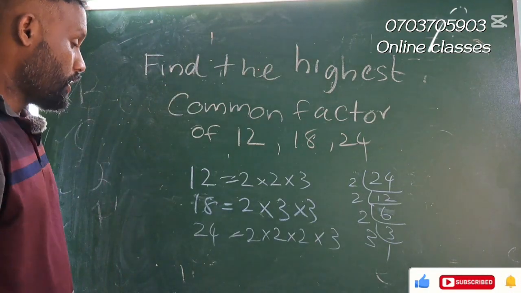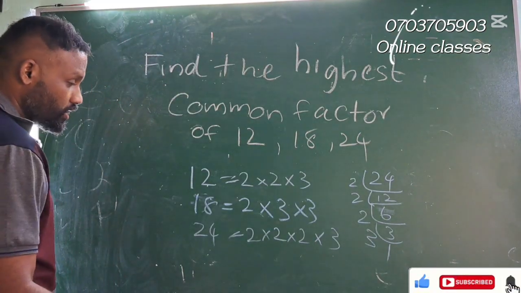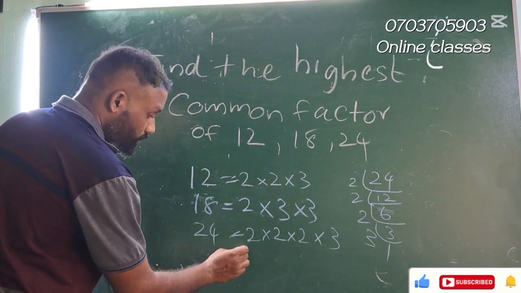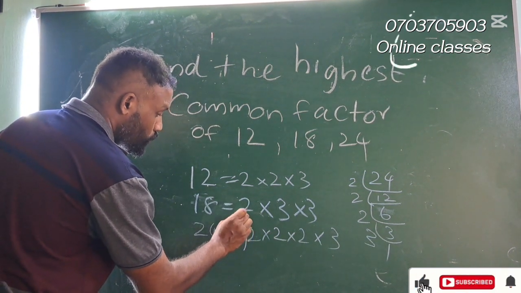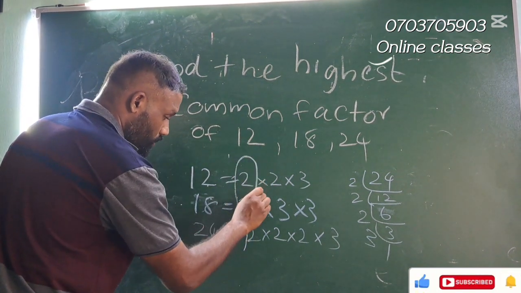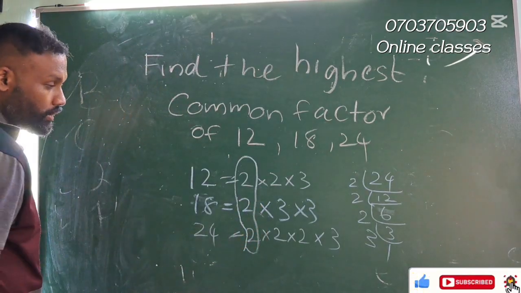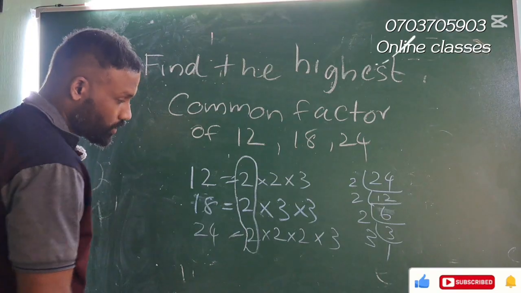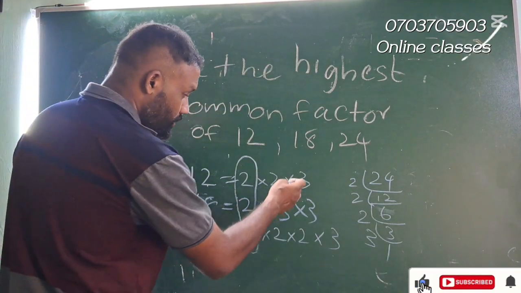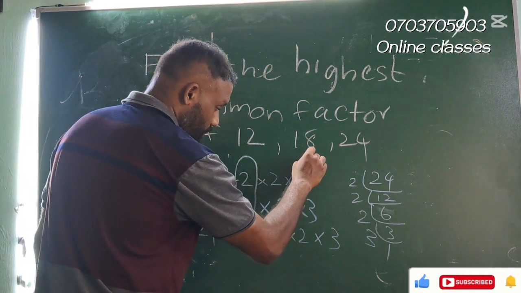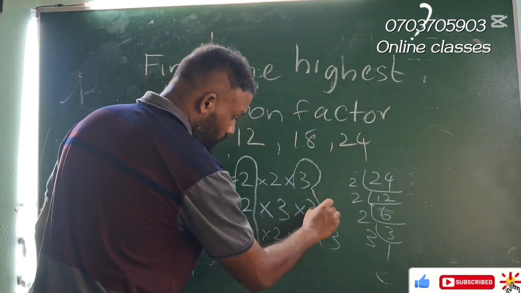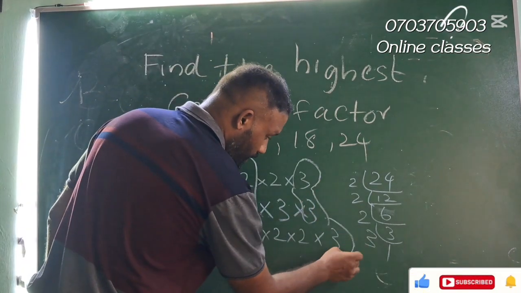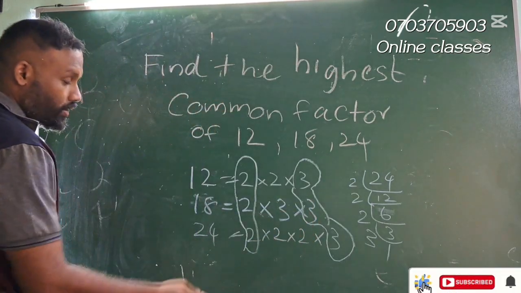Now we can select the common numbers. 2 is a common number, but here in 18 you couldn't see a second 2, so we can't select that one. 3 is there, and we can also see it in the last row.